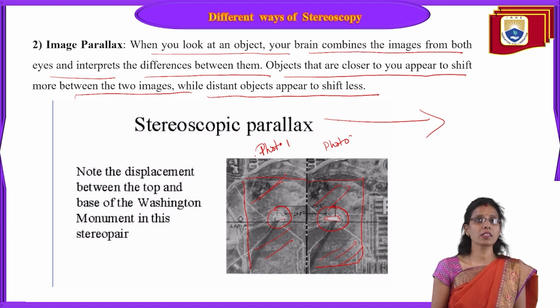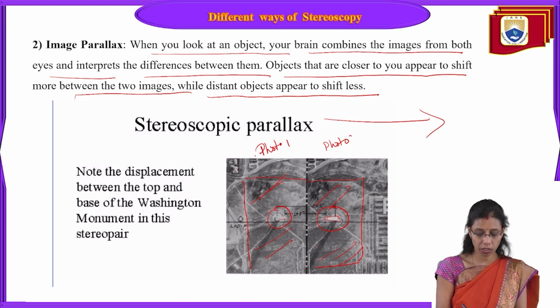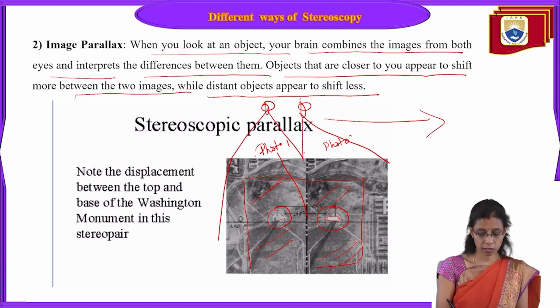In image parallax, the point of observation will always be different. The point of observation in this image is somewhat here. This image is clicked from somewhat here, and this image is clicked from somewhat here. So the point of observation is like this, and here it is like this.